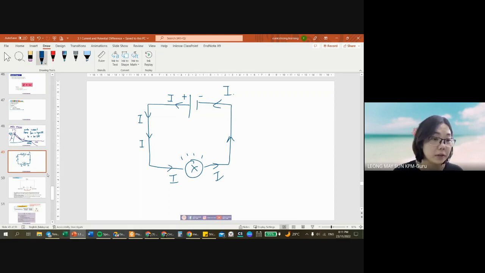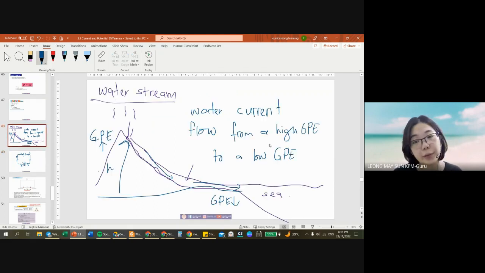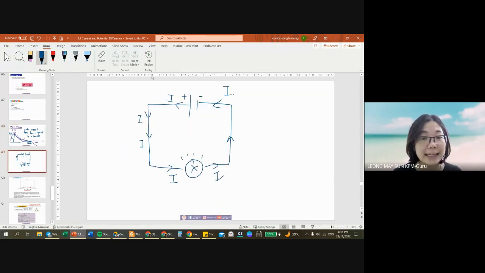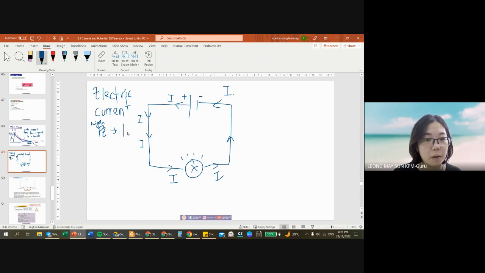Now, recall just now, water current flows because it is moving from a high gravitational potential energy to a low gravitational potential energy. There's a reason why I use this analogy, because electric current is also the same situation. It flows from a high potential energy region to a low potential energy region. But in this case, it's not gravitational potential energy, obviously, it's electric potential energy.